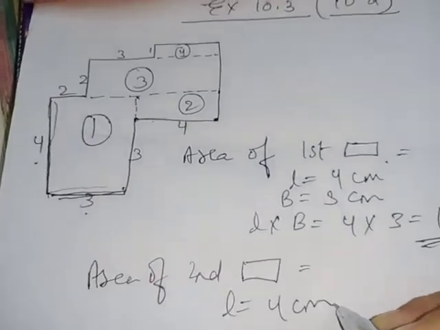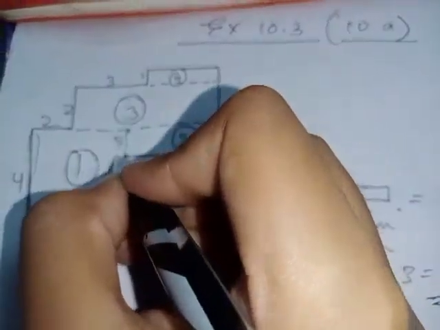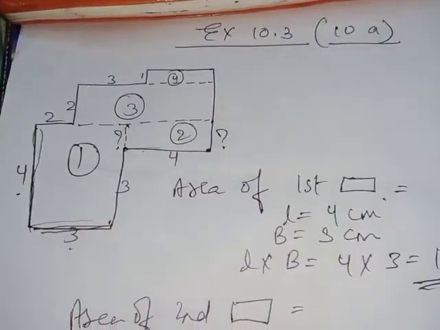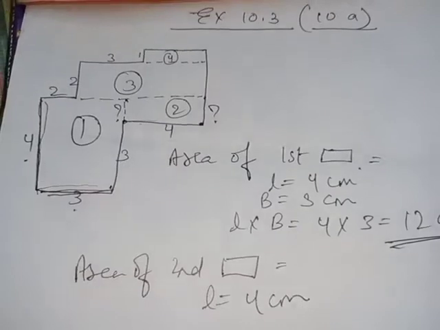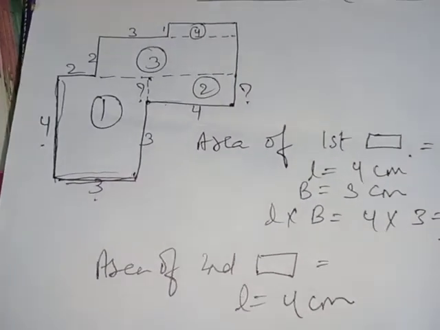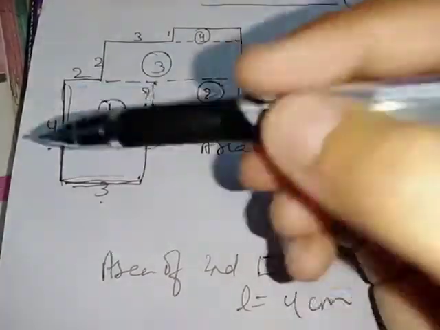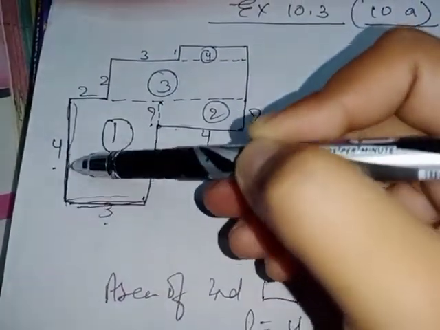We want to know this portion, the breadth, right? Only this much is the breadth of our rectangle number 2. We do not know the breadth, it is not given. We need to find this breadth. How do we find this breadth now? If you see in your figure, this line completely measures 4 centimeter.